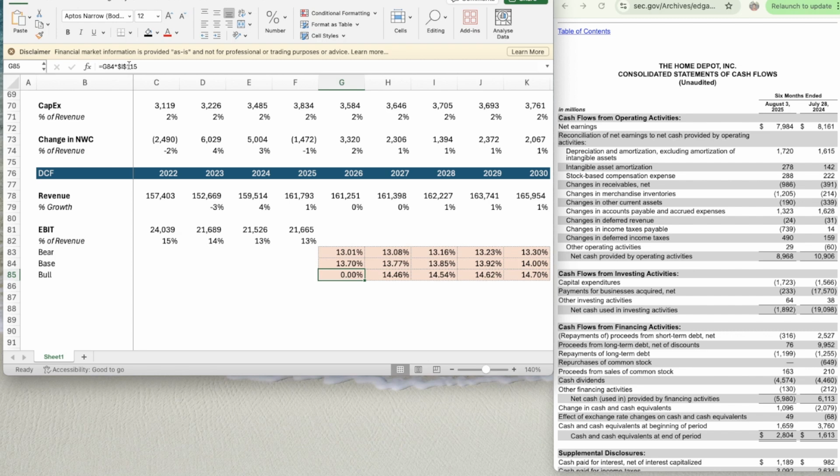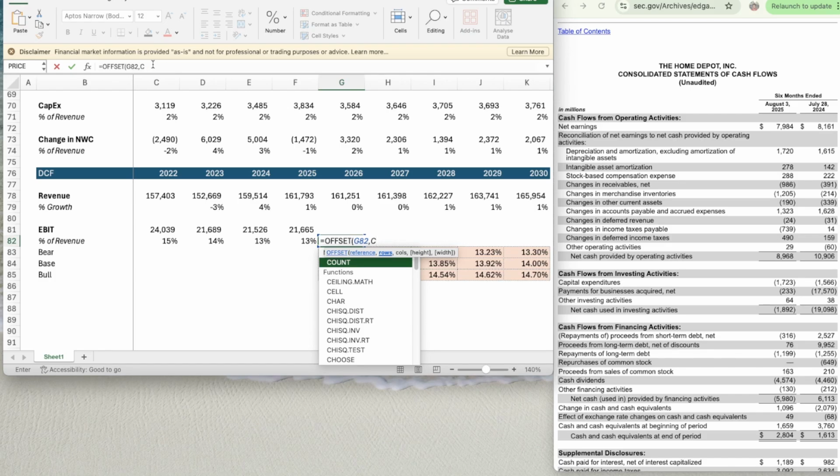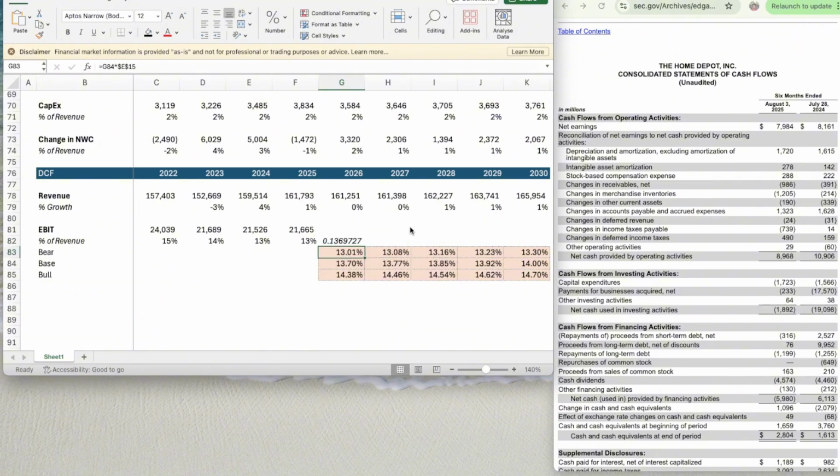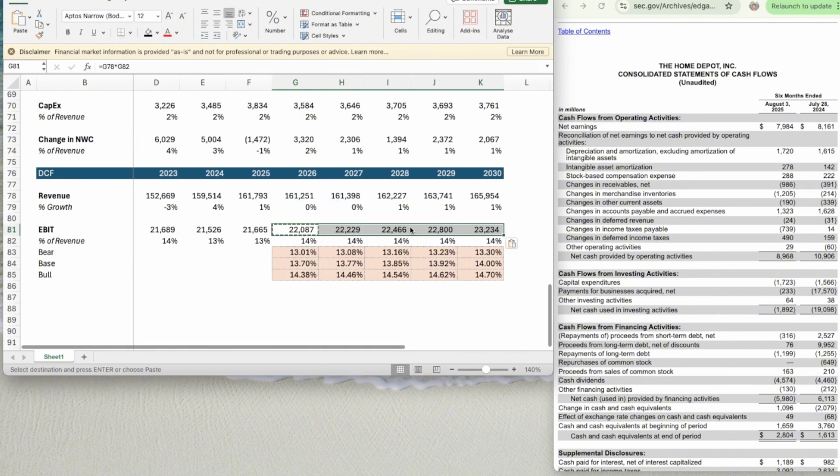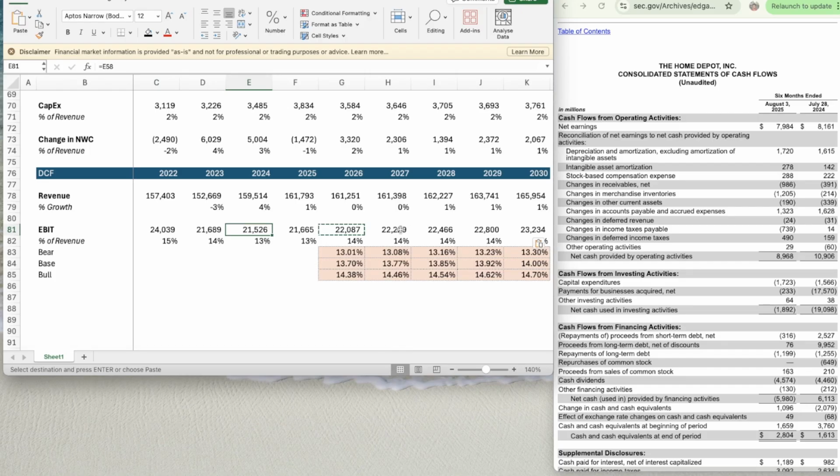No. Then we offset the cell we're in, G82, and it will be about C15, won't it? It will be C15. Lock it in. Now we take the revenue multiplied by the EBIT margin, and we have it.